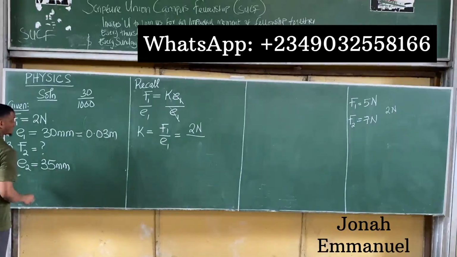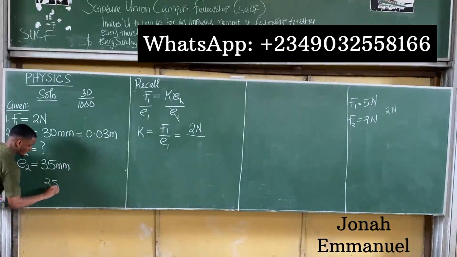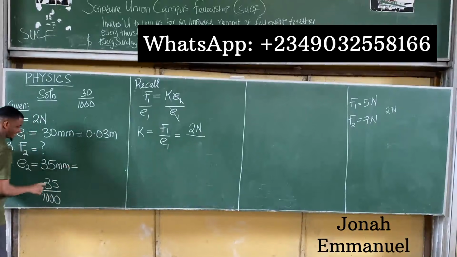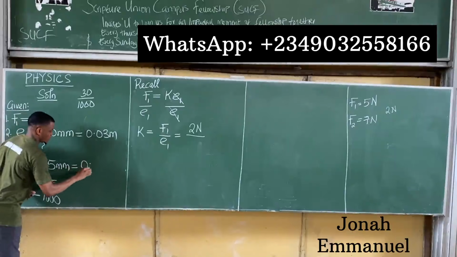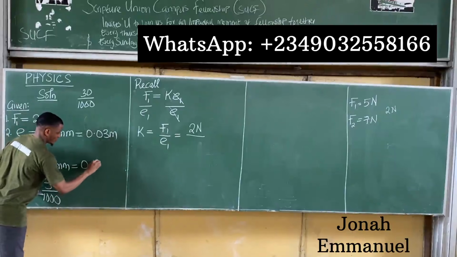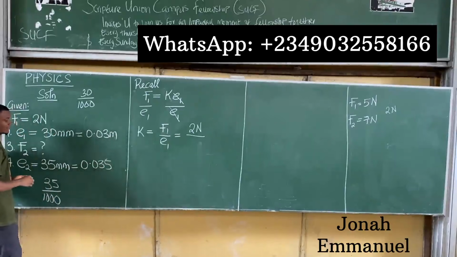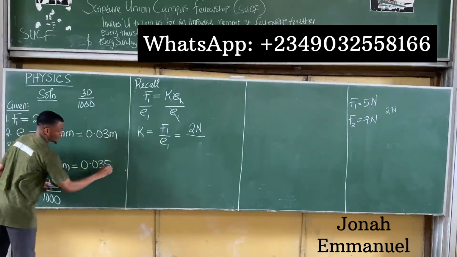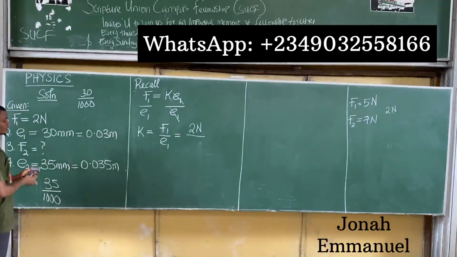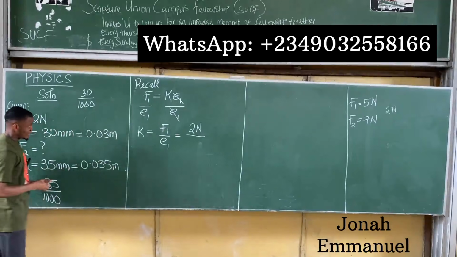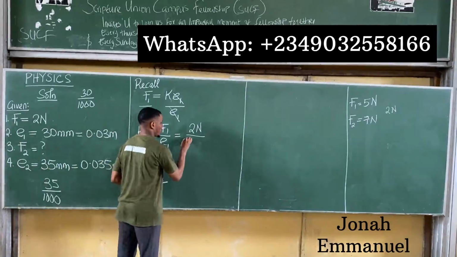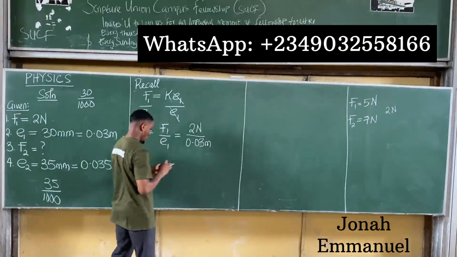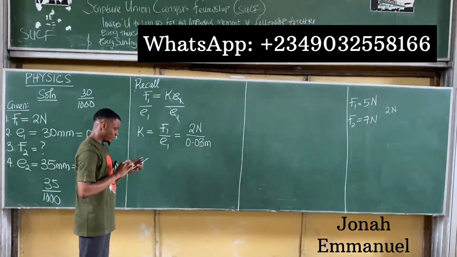Also convert this one here to meters: 35 divided by 1000, and that will be equal to 0.035, of course, in meters. All right, so I've done this. So E1 in meters is simply 0.03 meters. So let's do 2 divided by 0.03.